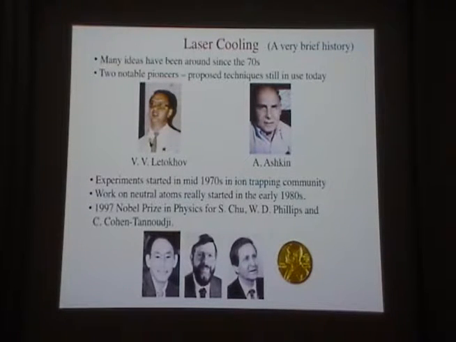They proposed a number of techniques and a number of ideas, and this includes Letokhov and Arthur Ashkin. Not only are the ideas that they proposed in the 70s still in use today, like trapping in optical lattices and dipole traps, but they also shaped our thinking for the next 20 years about optical forces and the interaction of light with matter. So I just wanted to bring that up, and I've corrected my lecture notes so they're actually in there now.